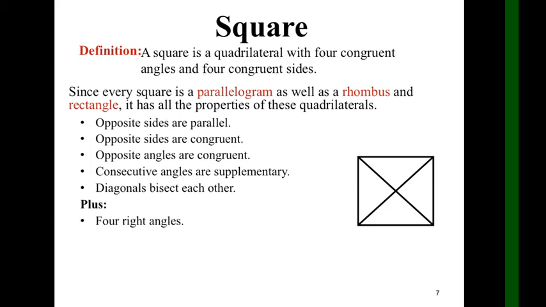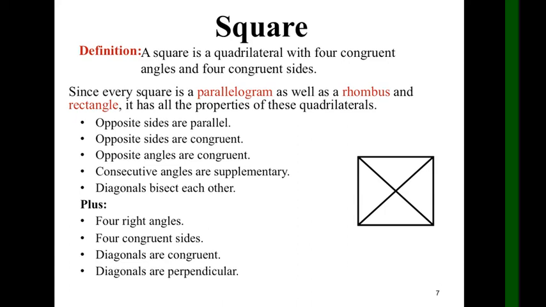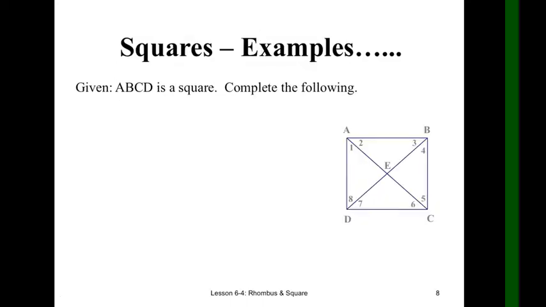Plus 4 right angles, 4 congruent sides, diagonals are congruent. So, yung diagonals natin, pareho sila ng size. Diagonals are perpendicular, meaning to say they form 90 degrees. So, they form 90 degrees dito, okay? And diagonals bisect opposite angles.